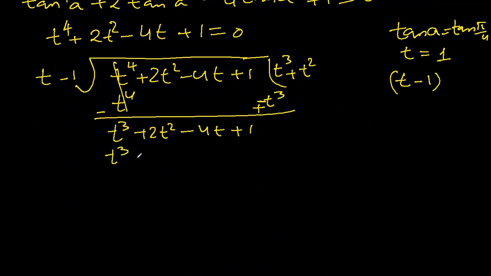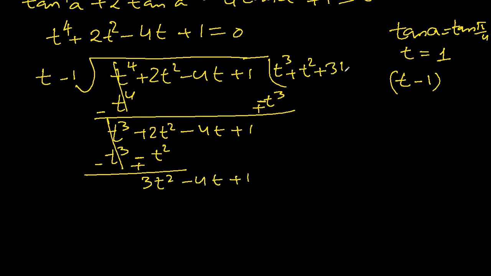T cube minus t square. This becomes negative, this becomes positive, cancel out. 3t square minus 4t plus 1. Next will be plus 3t square minus 3t. Negative, positive, cancel.